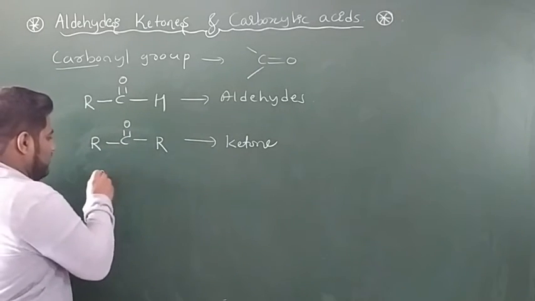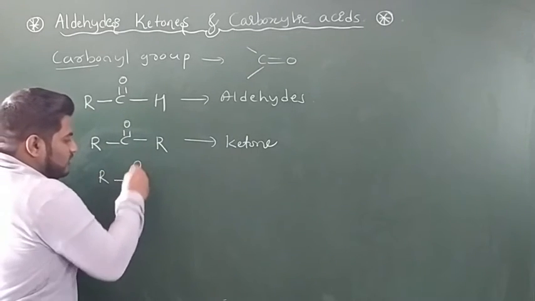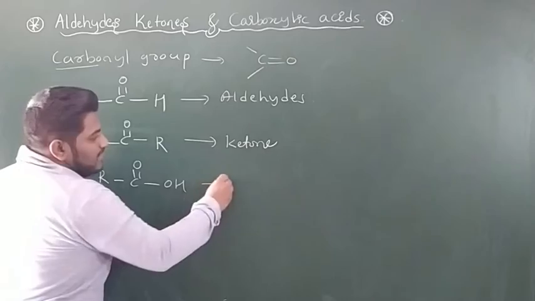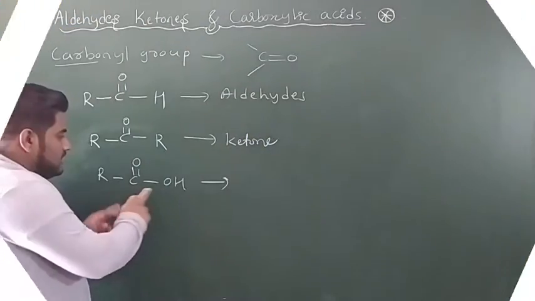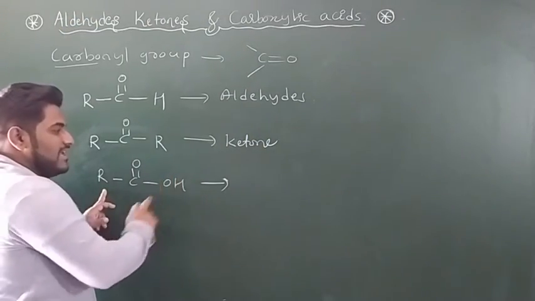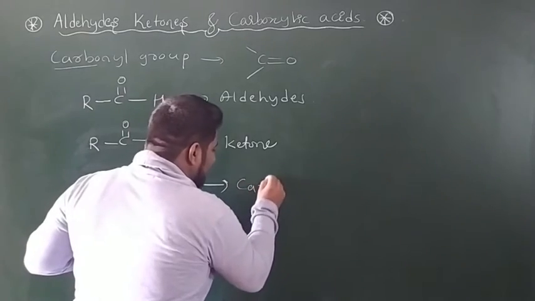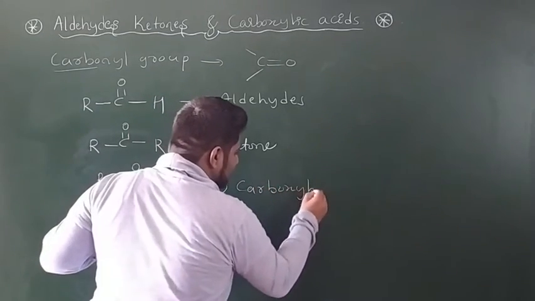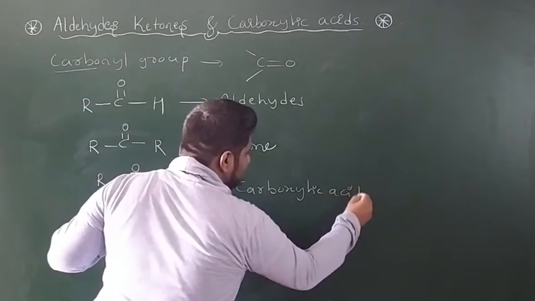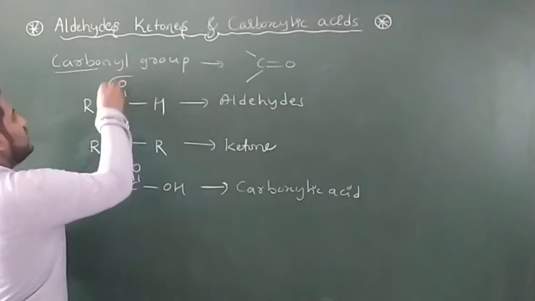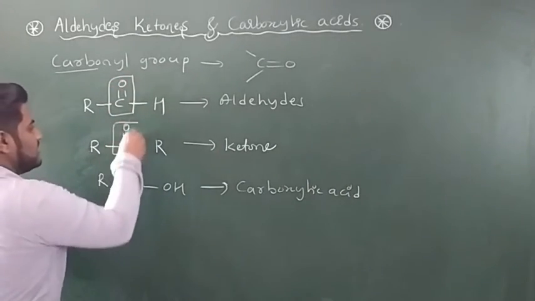If, carefully see here, one side alkyl group and another side OH group, then it becomes carboxylic acid. Okay, so this carbonyl group is same in all cases. Carefully observe here guys.